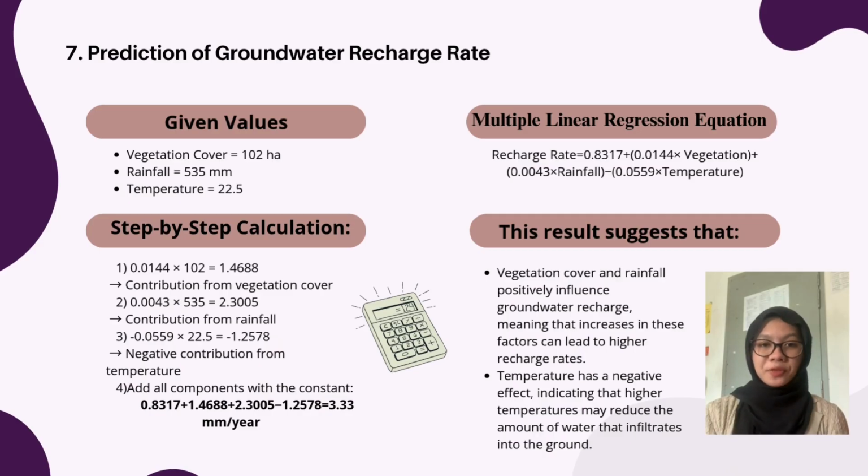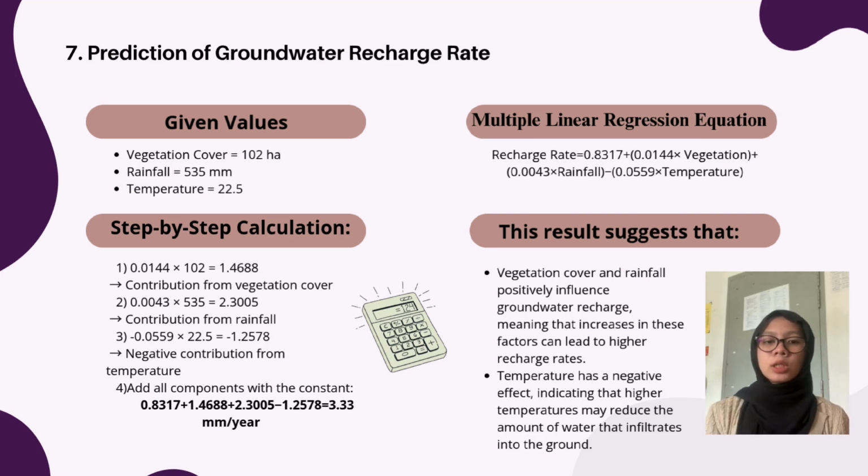And for question 7, we were asked to predict the groundwater recharge rate based on 3 variables: vegetation cover, rainfall, and temperature. We use a multiple linear regression model that we developed using SPSS.